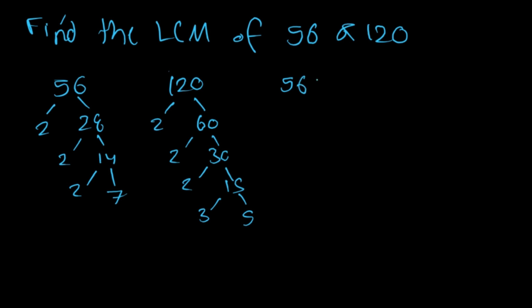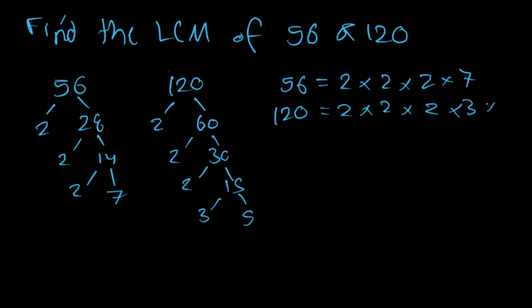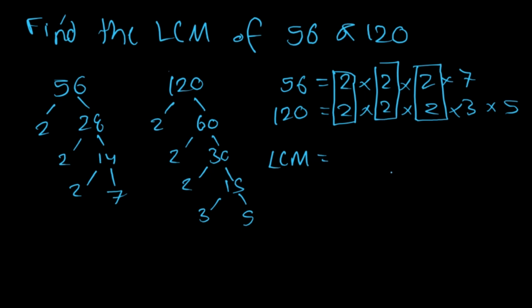So 56 equals 2 times 2 times 2 times 7. And 120 equals 2 times 2 times 2 times 3 times 5. Find the sets of prime numbers. So you have one here, another one here, another one here, and that's it.